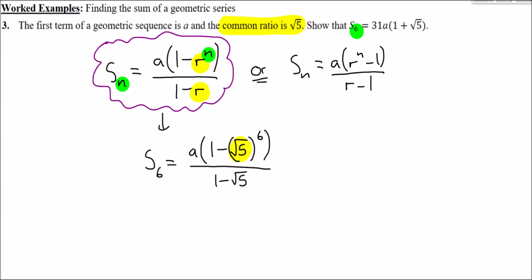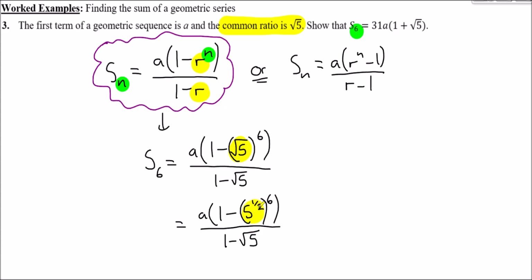The first thing we're going to do is rewrite the square root of 5. I'll explain why. The square root of a number is the same as that value to the power of a half. So that's 5 to the half, to the power 6, all over 1 minus root 5. I'm just doing this to make it clear, going back to GCSE even.